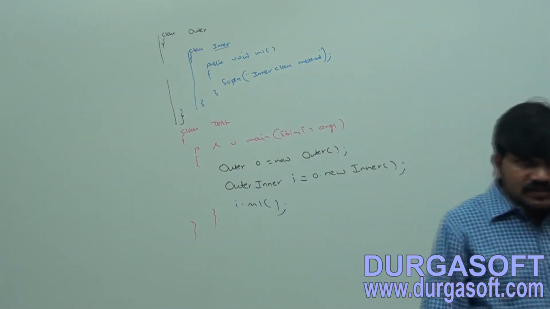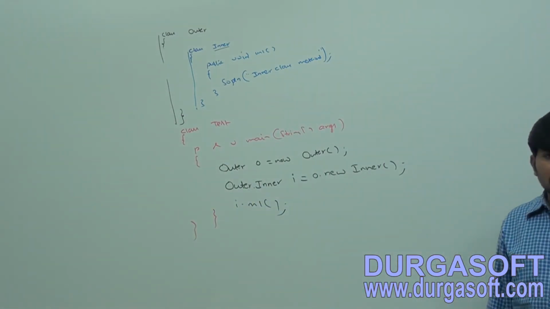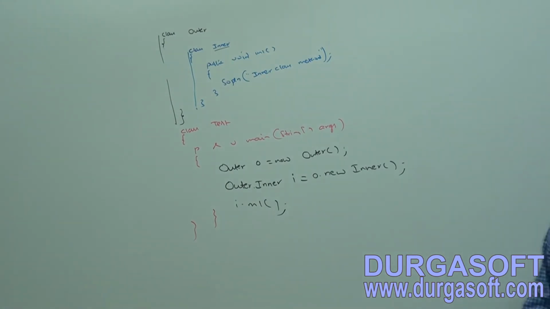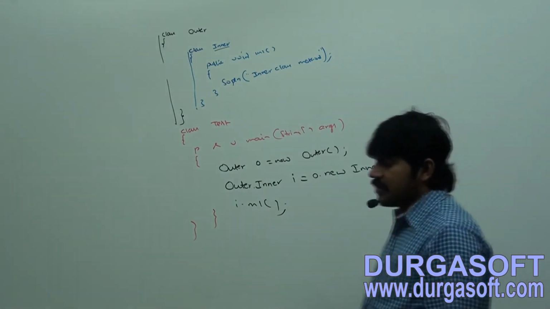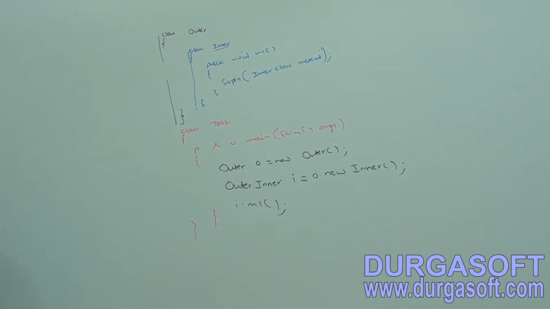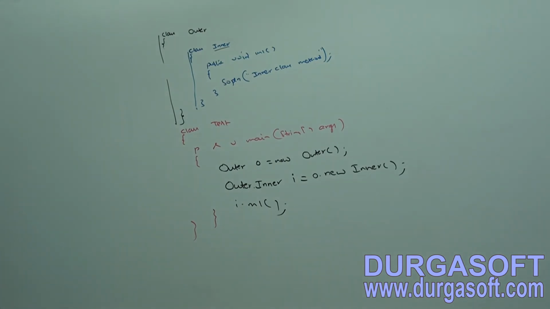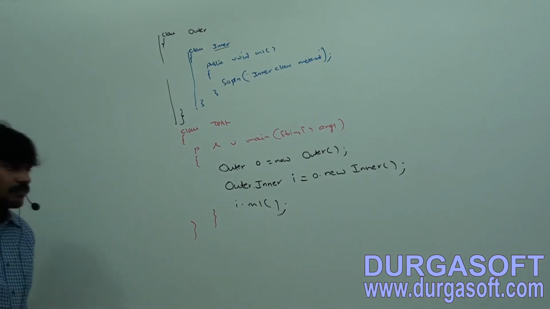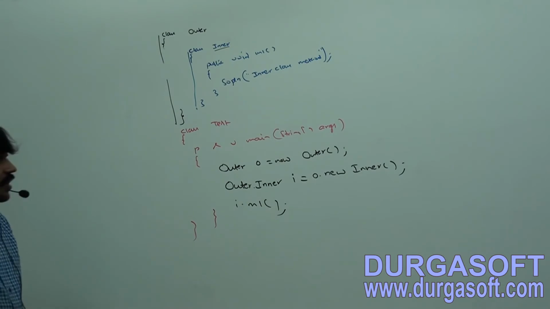Okay, take this example. How can we access inner class code? In how many styles can we access it? You people should have clear clarity. Class outer, class inner, public void M1, the inner class method, next class test.